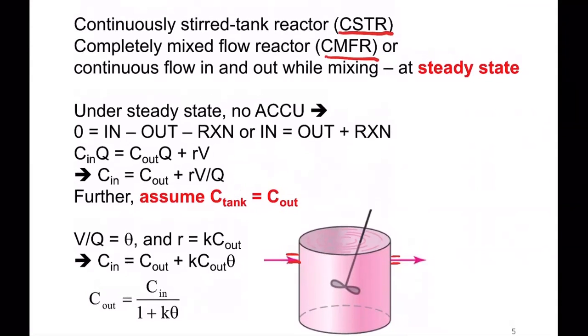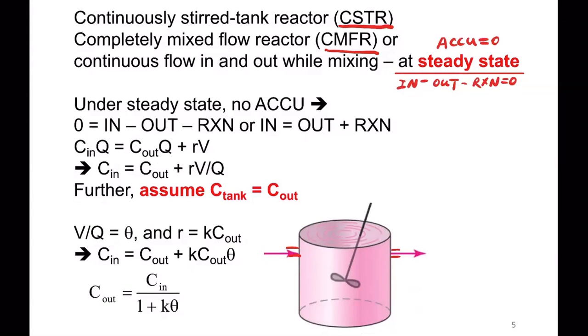The first one is we assume that it happens at steady state. If you recall, the definition for steady state is that the accumulation term is equal to 0, right? So that will simplify our mass balance equation a little bit because now you just have in minus out minus reaction equal to 0, right?